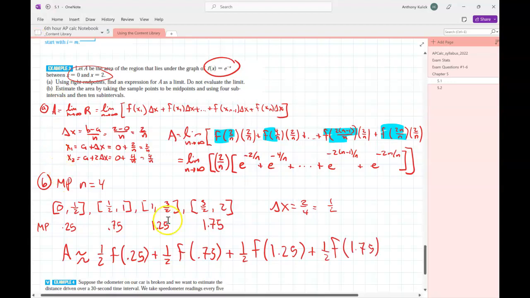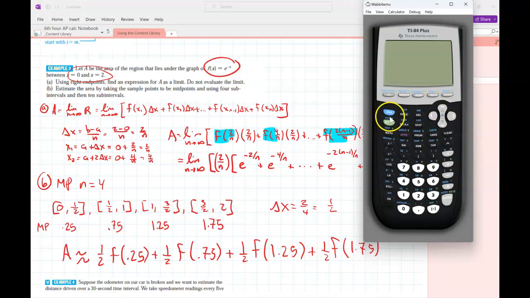And now it's just calculator time. I'm probably going to do this systematically. So I'm going to take the 1/2, and I'm going to store that to variable a.